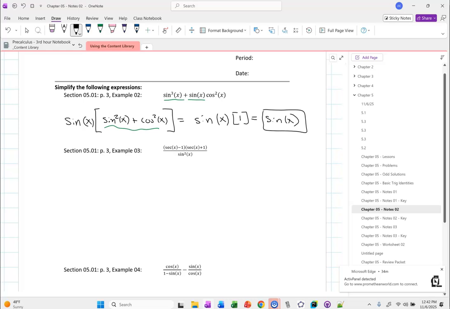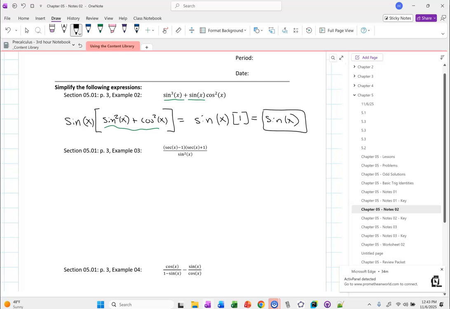Secant x minus 1 times secant x plus 1, all over sine squared x. Typically, the first thing I look for is algebra. Does anybody see a good algebra thing that I can do? Foiling the top two.